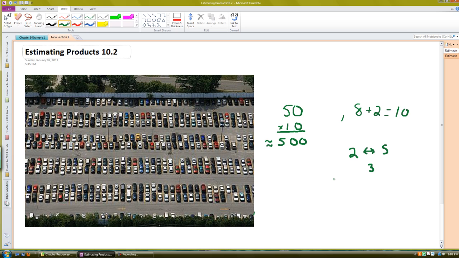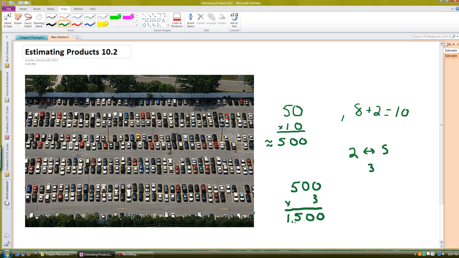Okay? Now you just take the 500 cars, multiply it by 3, and again, all you have to multiply are the non-zero numbers. Okay? 3 times 5 is 15, and add the number of zeros that you see. There's 2 of them. So we have 1,500.